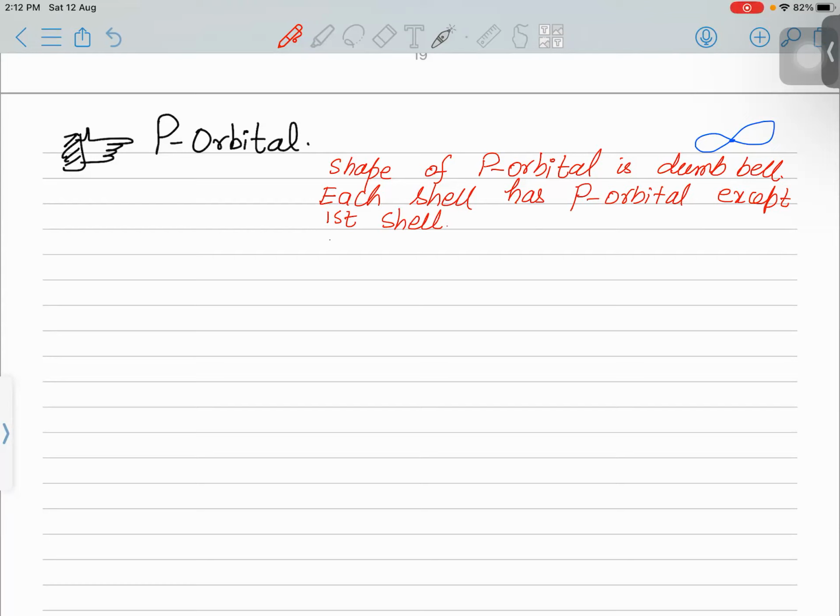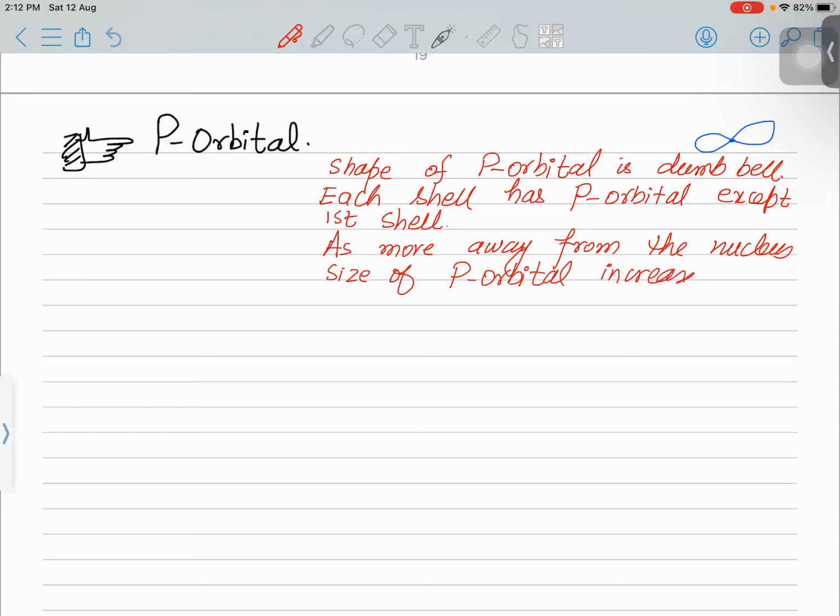Next point: as you move away from the nucleus, just like the s orbital, the size of the p orbital increases.